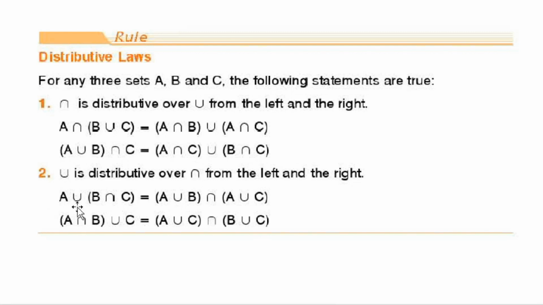So we have A union the quantity of B intersection C is equal to A union B, intersection A union C. And the other one, the quantity of A intersection B, union C is equal to A union C, intersection B union C. So try to familiarize yourself with these distributive laws.